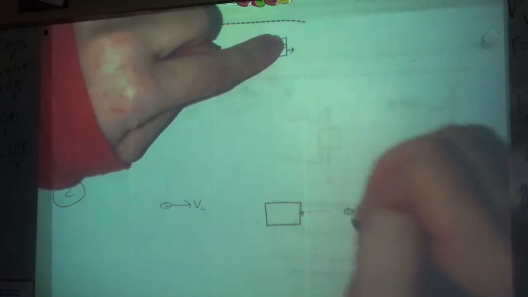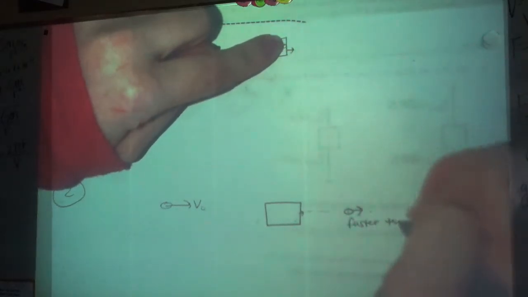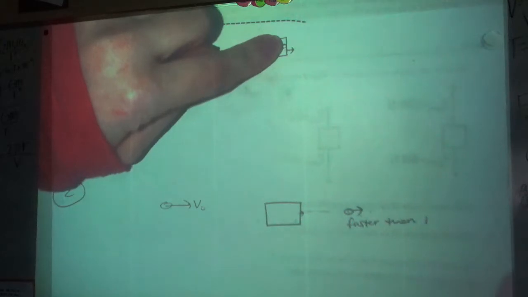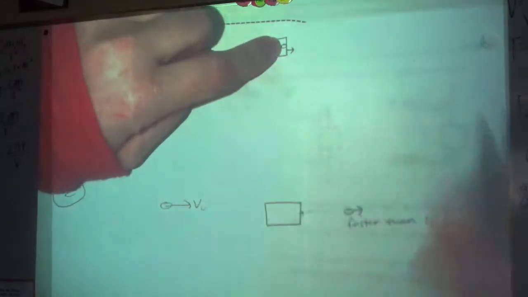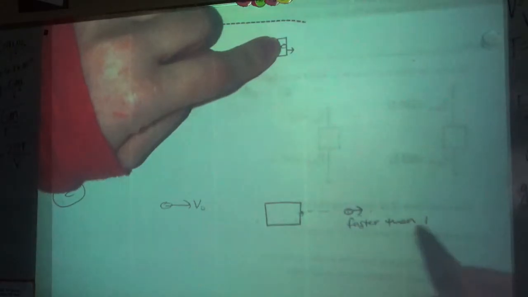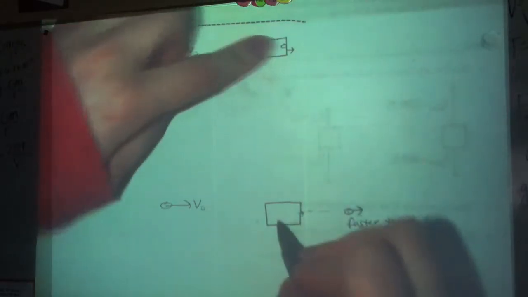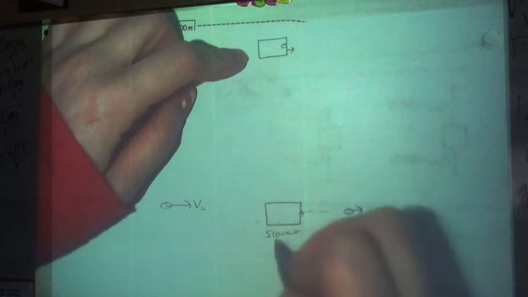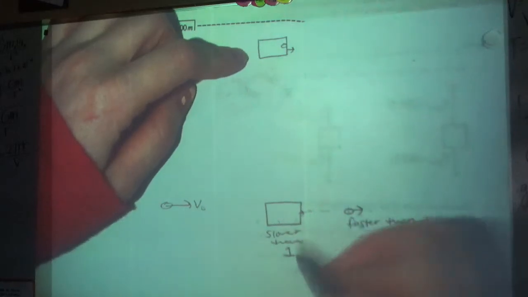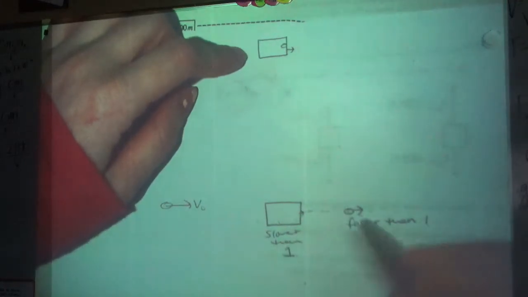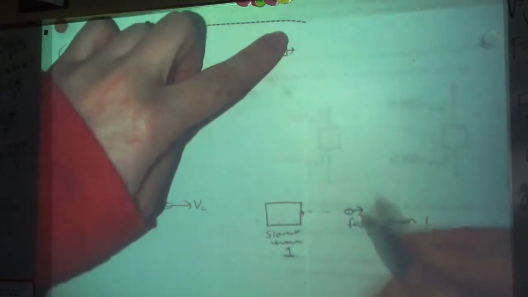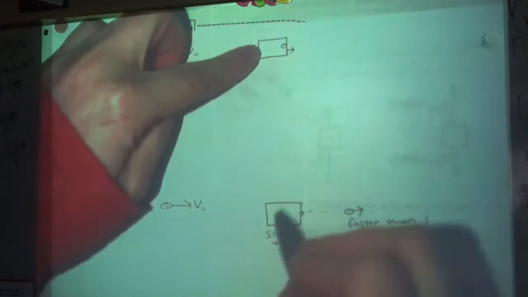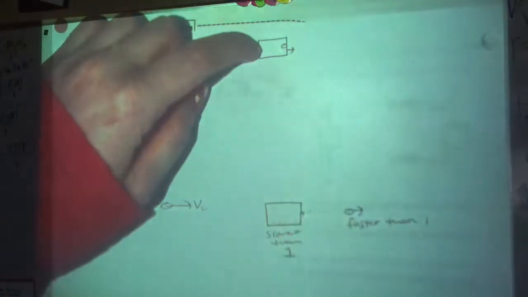Because it passes through, it doesn't stay with the block. So if the bullet is going faster than in scenario 1, then the block must be going slower than in scenario 1, because momentum is still conserved, right? If the bullet has more momentum than here but the total momentum is the same, the block must have less momentum compared to scenario 1.